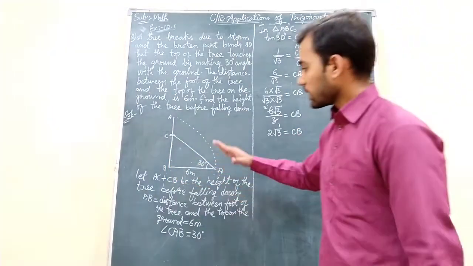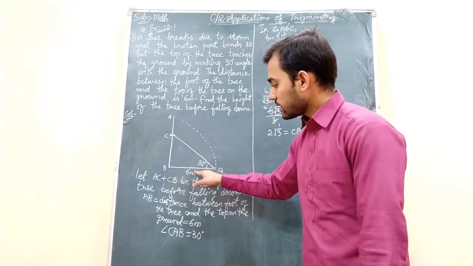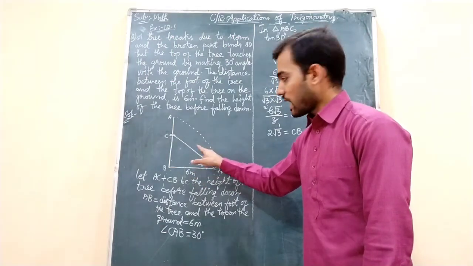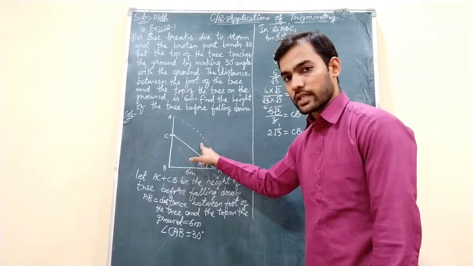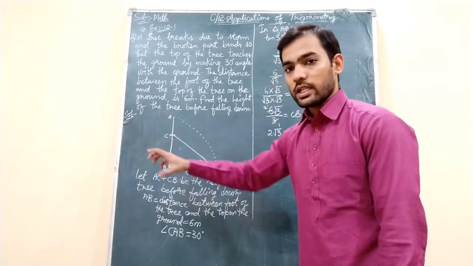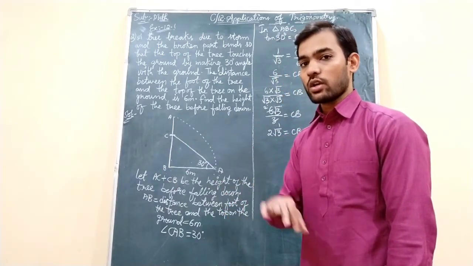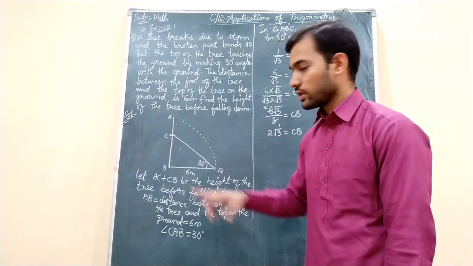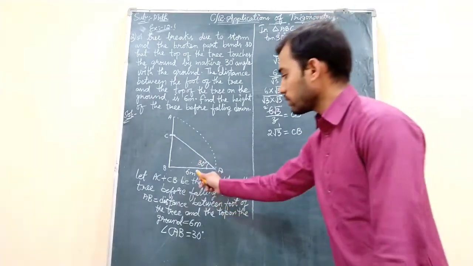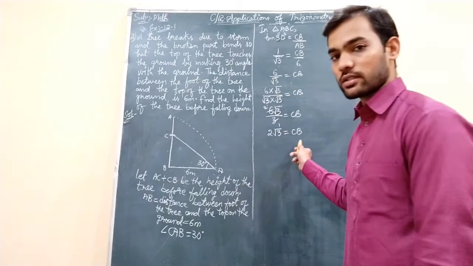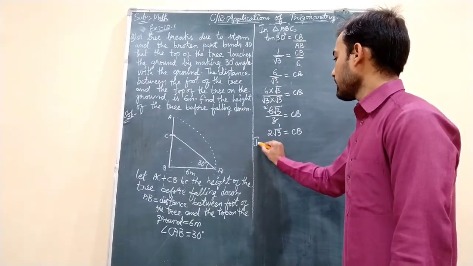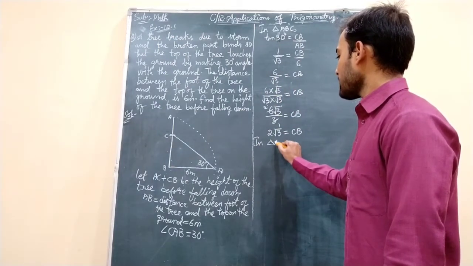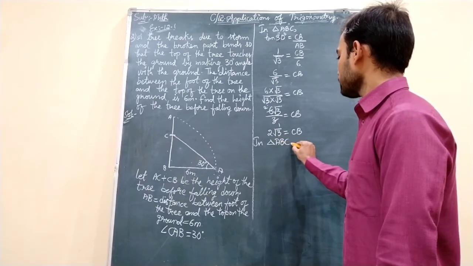For that purpose, you see, this is the adjacent side, this is the hypotenuse side, and this is the opposite side. Since you got opposite, now you can go either for sine ratio or cos ratio. Any one ratio you can select to find out hypotenuse, because you know this side as well as the side you got just now. So I will take sine in the same triangle ABC.